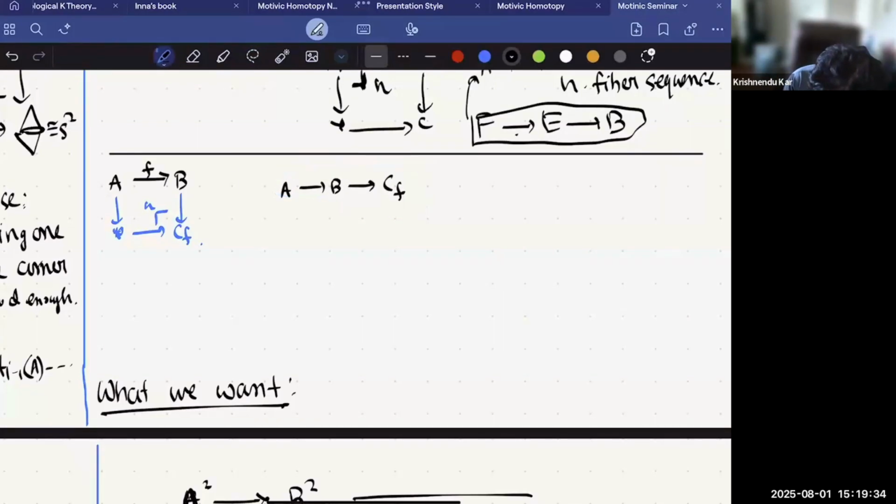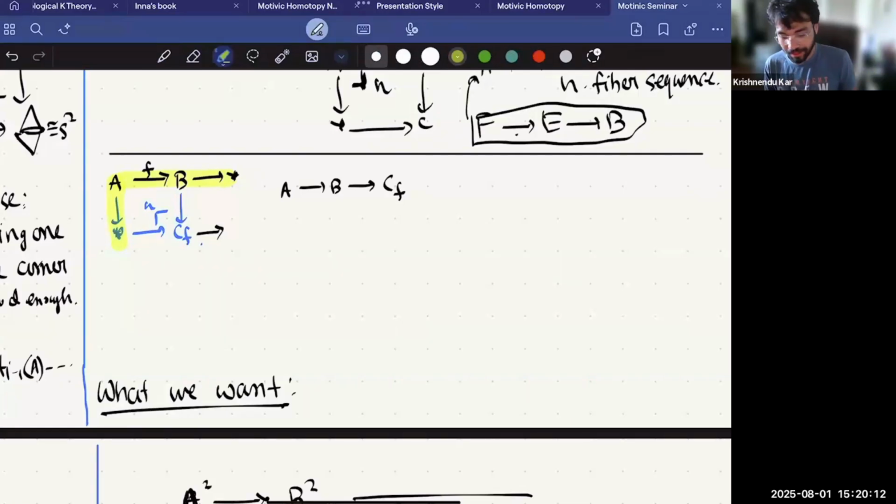If I do it one more time, pinch this side on the top. Now here is the thing. You know about the pasting lemma of the pushouts? It's an exercise for you to prove that the pasting lemma of the homotopy pushouts also holds, and the pasting lemma for the homotopy pullbacks also holds. So the homotopy pushout of this guy is the homotopy pushout of this guy, right? A star star. And what is that? Suspension on A.